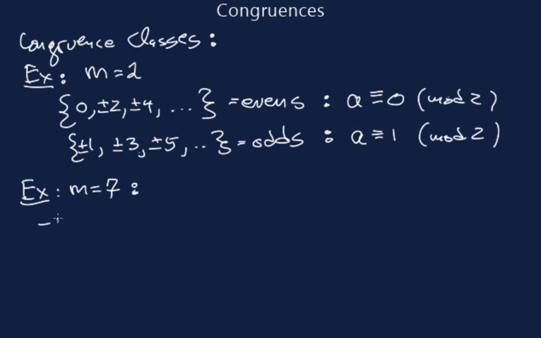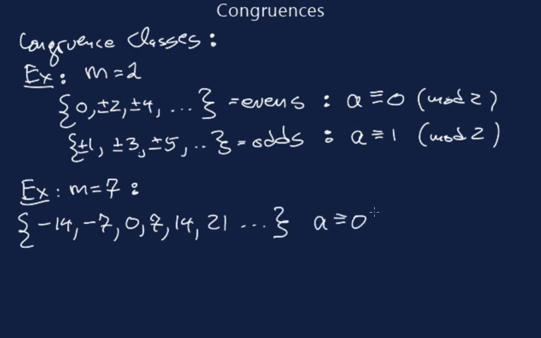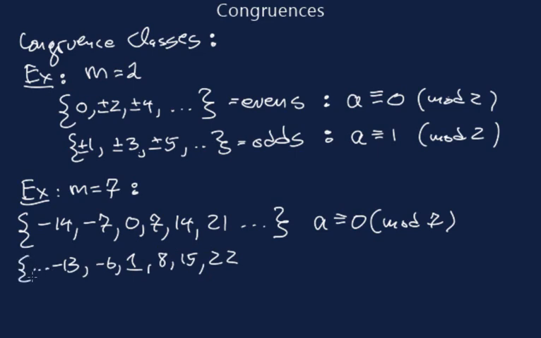Now, if you do the same thing, for example, with M equal to 7, you get the following: these numbers are all equivalent to 0. These are all of the multiples of 7. And that's what we call a single congruence class, all of the numbers which are equivalent to each other. And then if you take 1 and add multiples of 7 to it, you get a whole bunch of numbers.